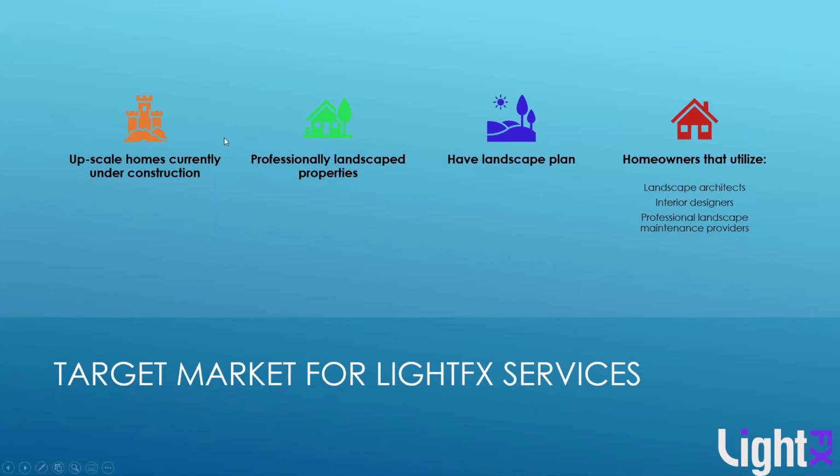Upscale homes under construction, that is the ideal client, because you're already in there, probably doing the automation, the lighting controls. If it's in the early stages, that's where you get in and say, you need to talk to us, because we need to plan where the electrical is going to go for the transformers.